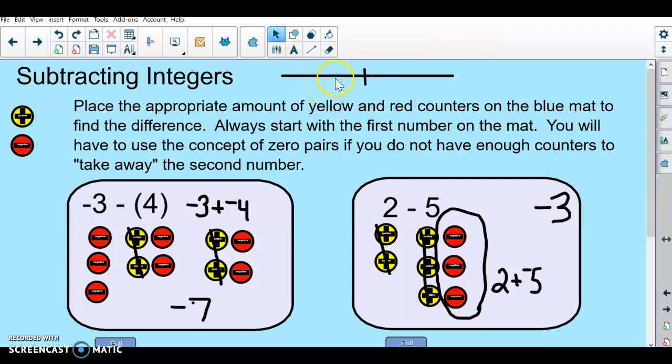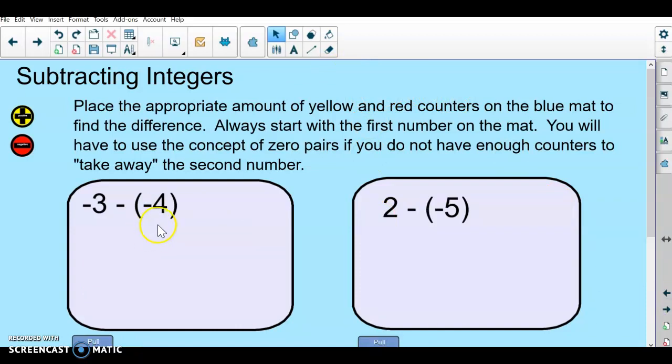So if I'm at -3 here, and then I'm going to take away 4, I'm going more in the negative direction. That's going to land me at -7. Here, if I'm at 2 right here, and I'm going to take away 5, I'm moving to the left 5. That's going to land me at -3. So if we're taking away positives, whether we're taking away from a negative or a positive, the number line makes sense. But if we're taking away negatives, that's where I think the number line gets a little tricky.